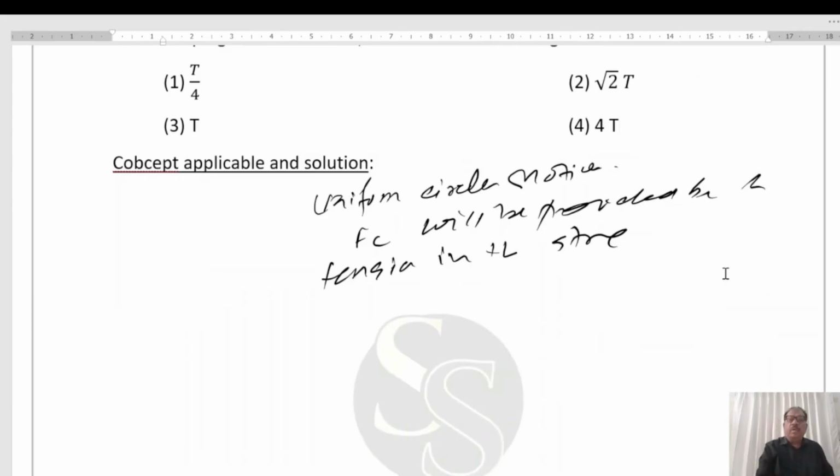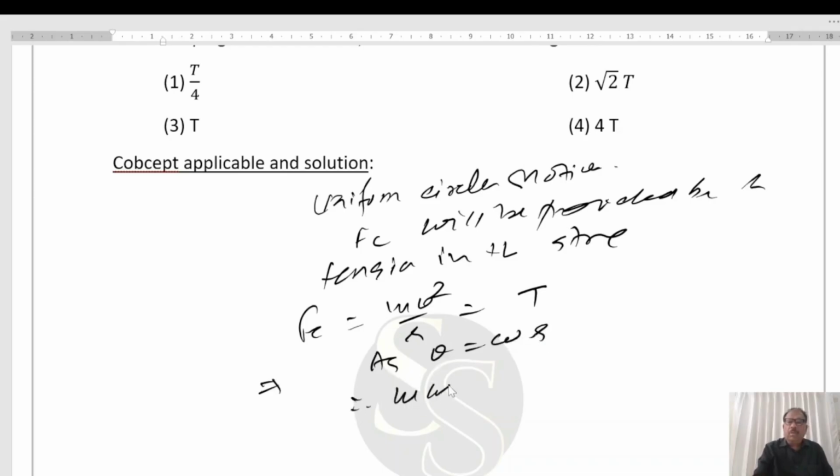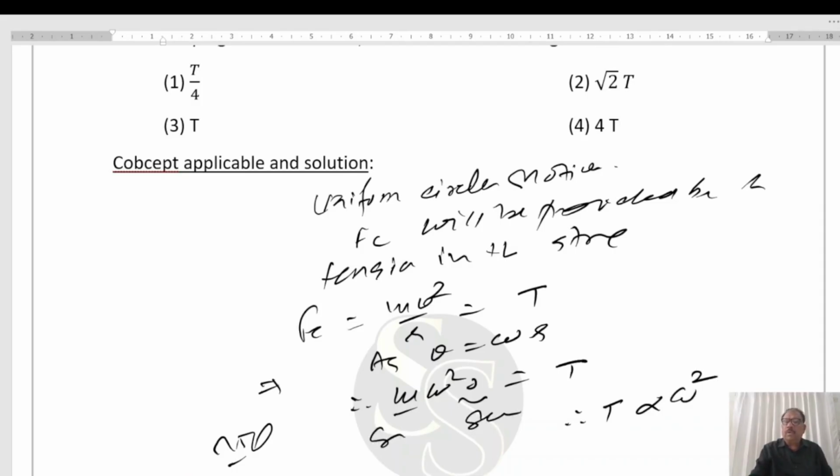You know, Fc equals m v square over r, equal to tension. As v equals omega r, therefore m omega square r equals tension. According to the question, r is the same and mass is the same, therefore T is proportional to omega square.